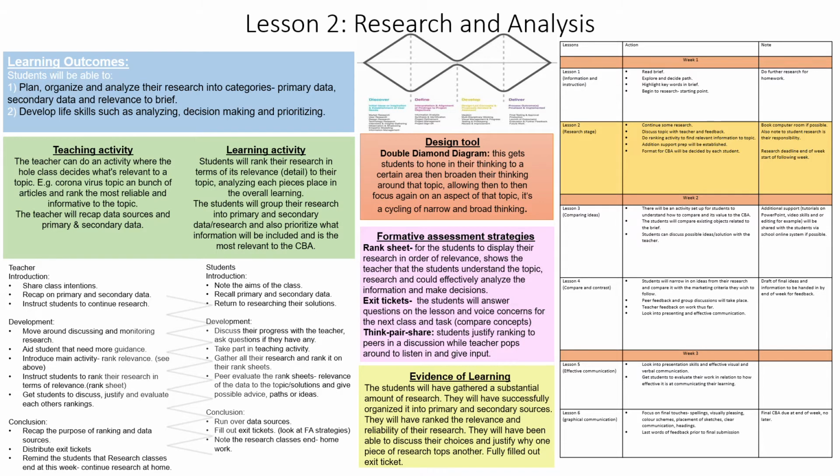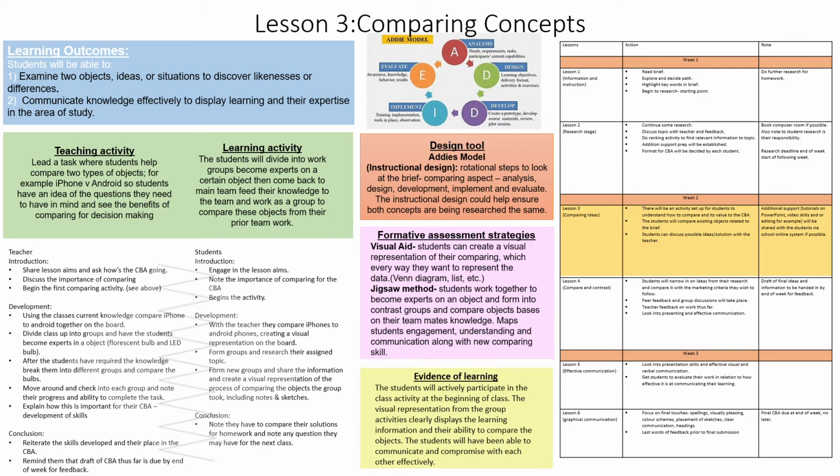So if we continue on, I put the ADDIE model in just for them to have another design approach that may help them: analyze, design, develop. This is all through comparing the concepts, which are headings that they can compare a design concept to. So that's my approach on that.